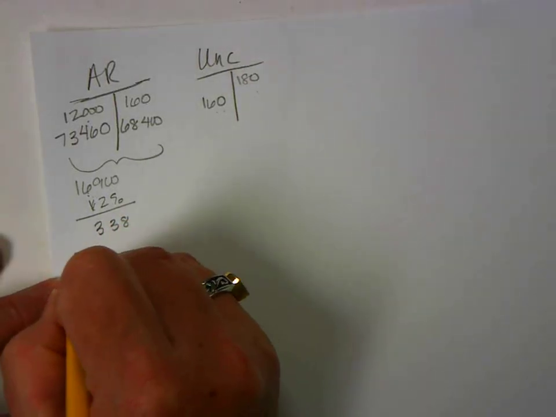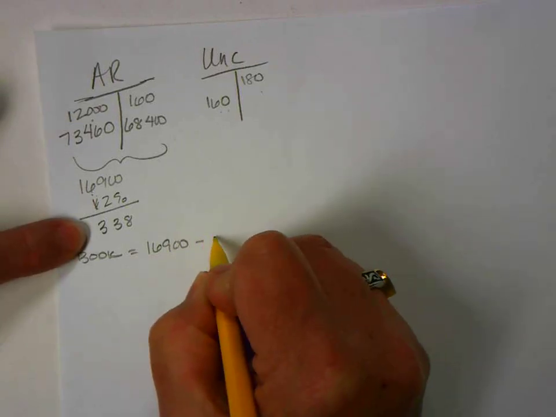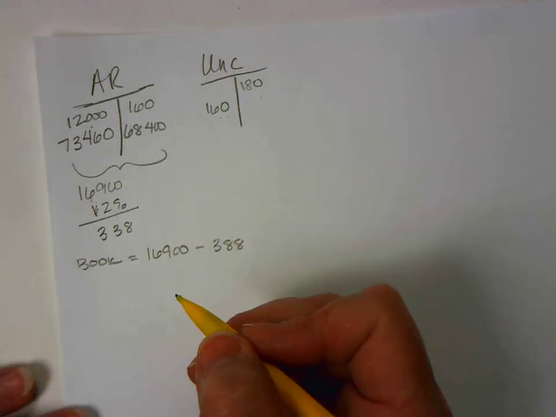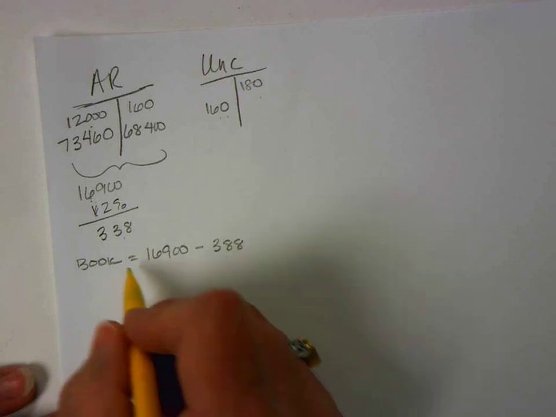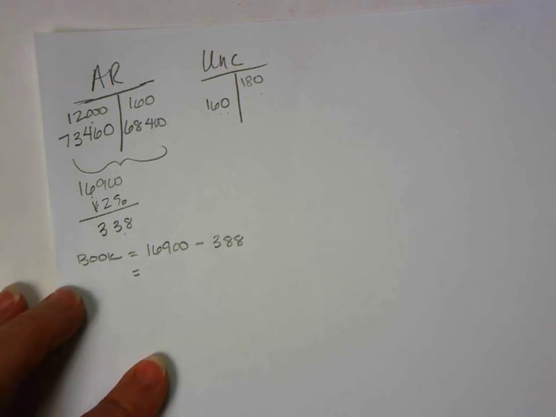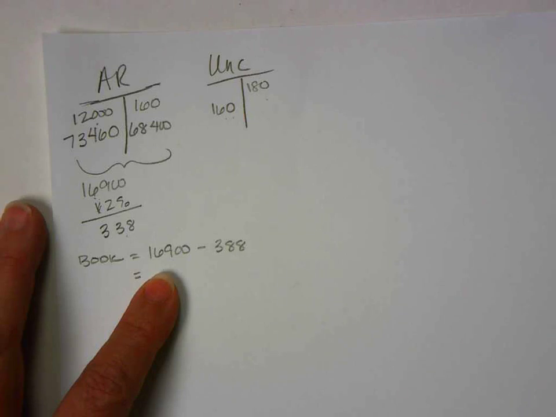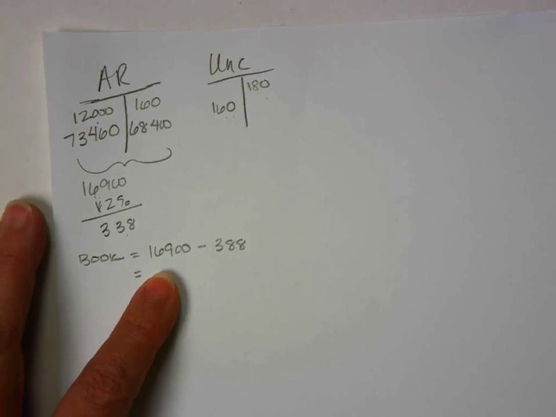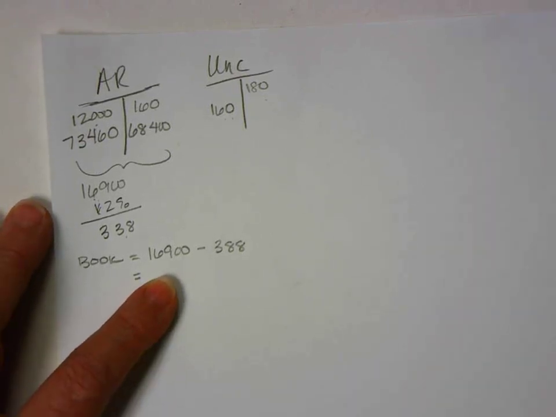Okay, so my book value is my accounts receivable minus the allowance. So that is equal to 16,900 minus 338.